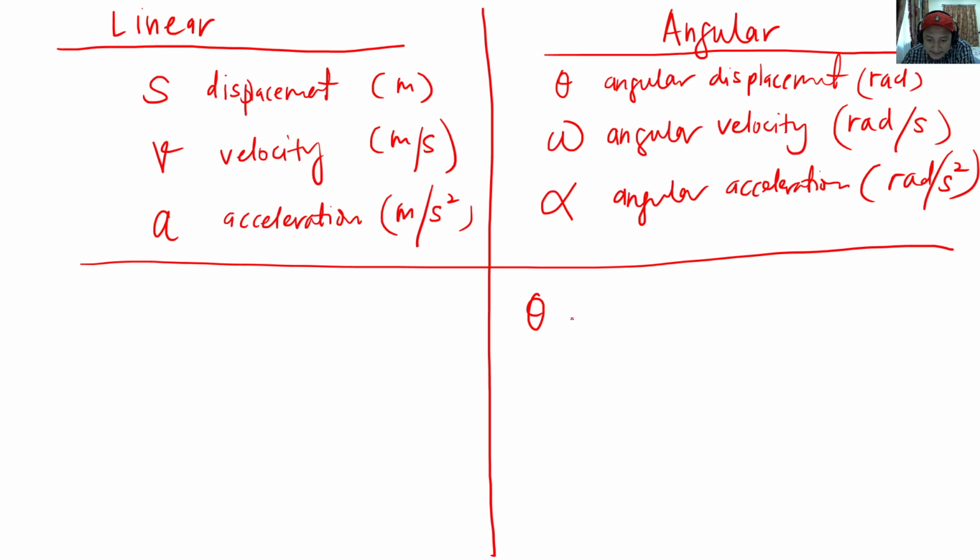So theta is angle. What is an angle? Let's say this is a circle, this is the center. What kind of angle are we looking at? Let's say this one is 30 degrees.